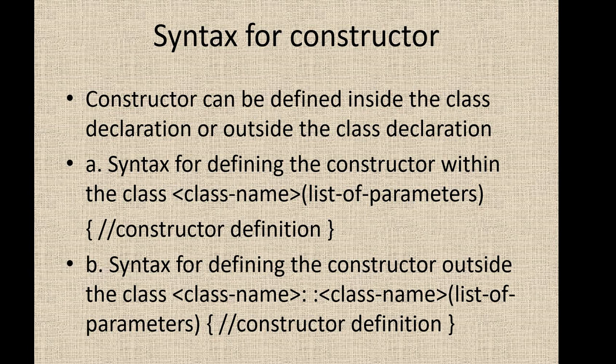This class name is the name of the constructor, followed by the list of parameters, following which we define the manipulation code inside the constructor. So these are the two different types of syntax that we can use for defining a constructor, either inside the class or outside the class.